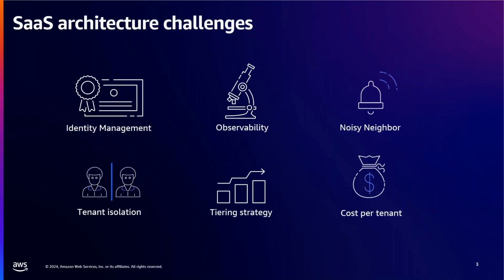When building software solutions, architects and developers frequently encounter challenges related to scalability, performance, security, and maintainability. Developing software as a service solutions introduces unique architectural challenges that must be addressed to ensure a successful and efficient multi-tenant environment.